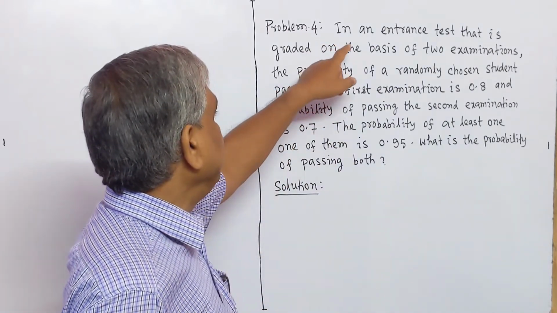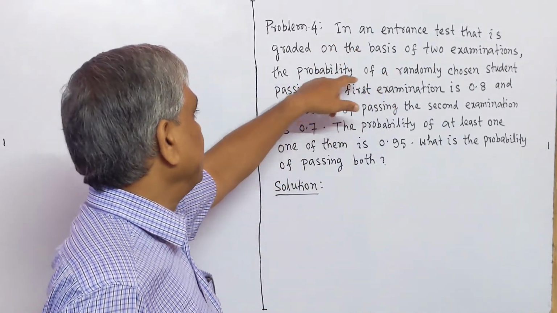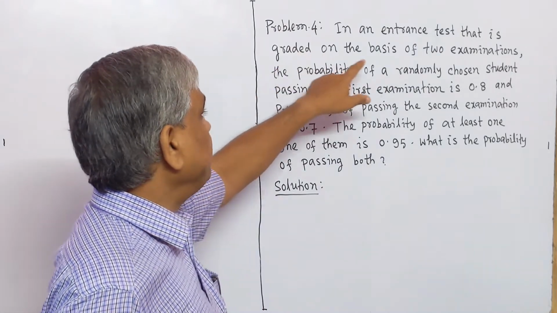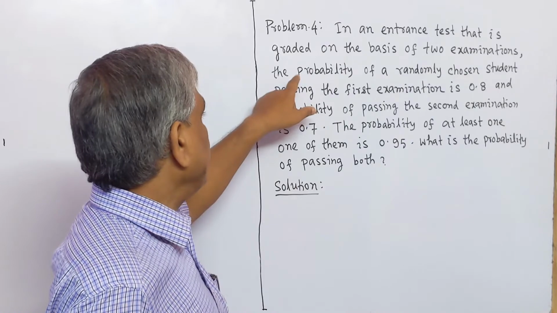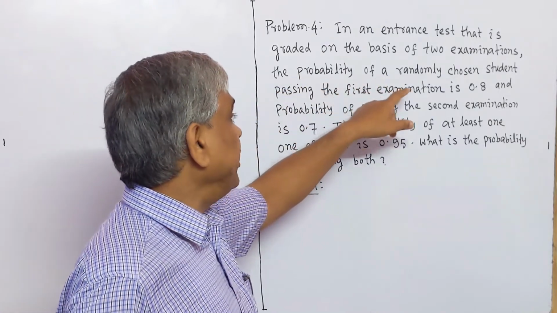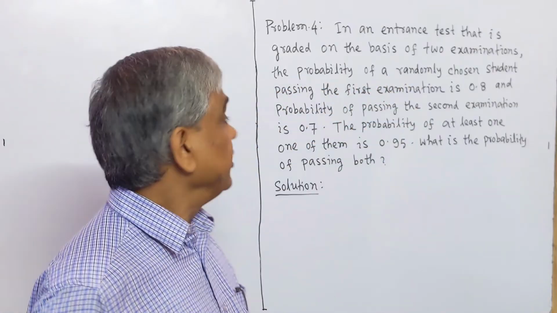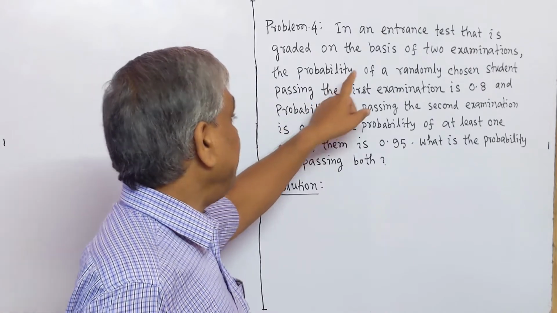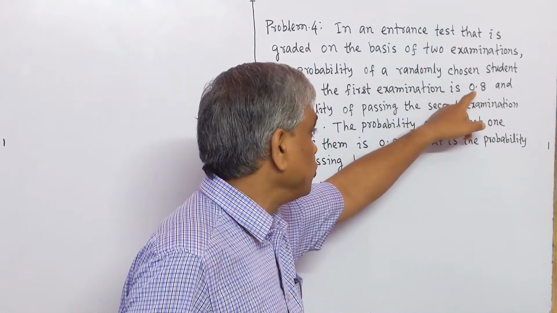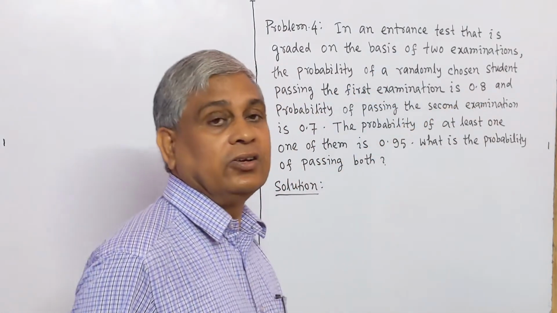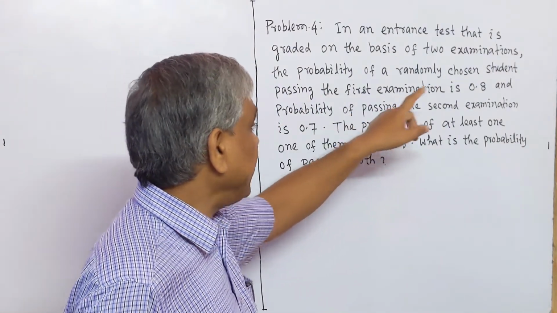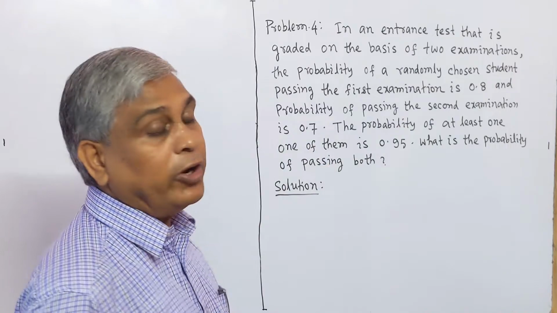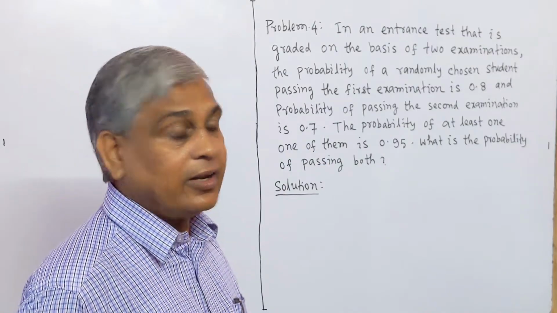Problem is in an entrance test that is graded on the basis of 2 examinations. The probability of a randomly chosen student passing the first examination is 0.8 and probability of passing the second examination is 0.7.